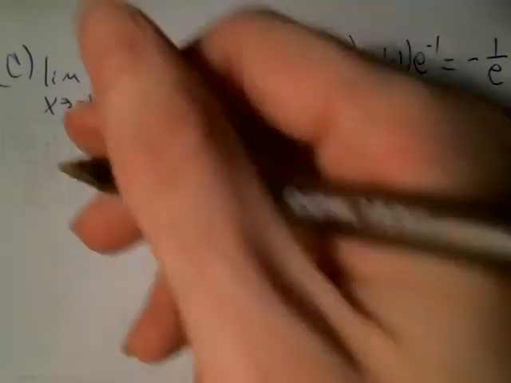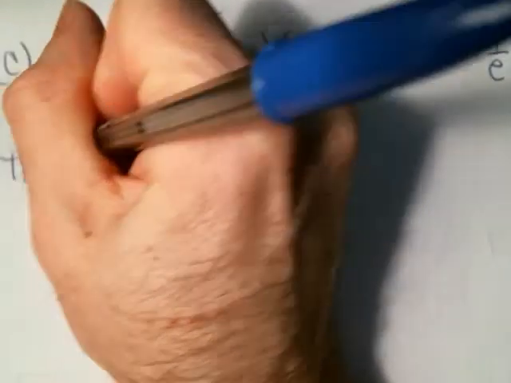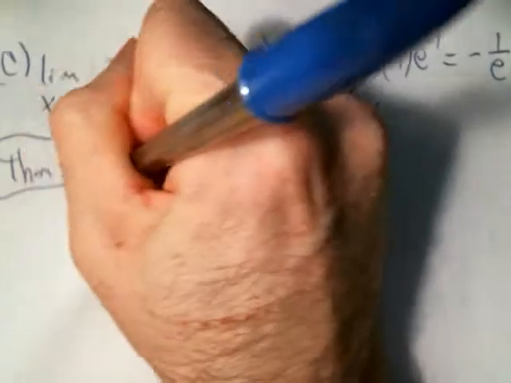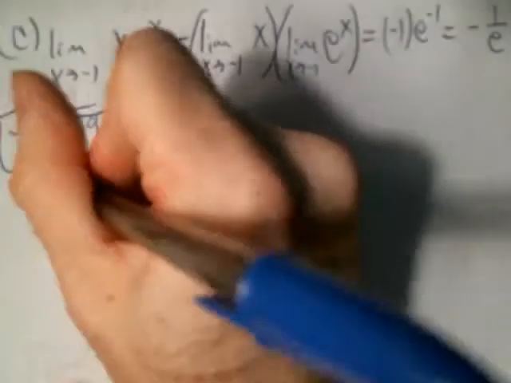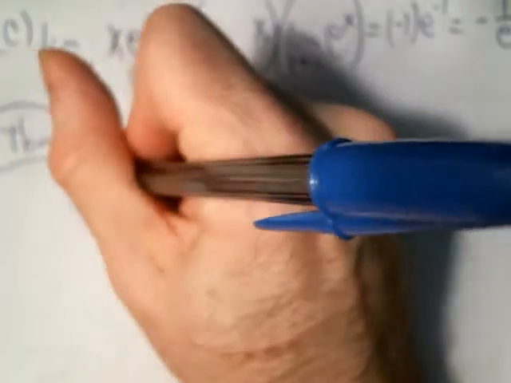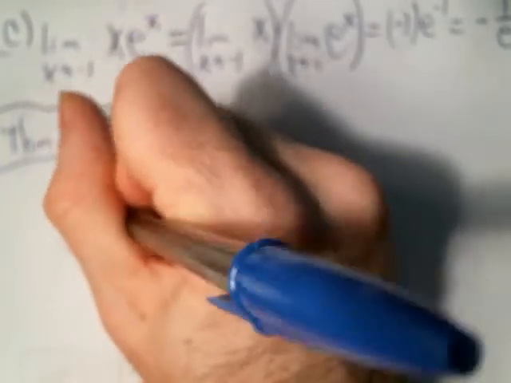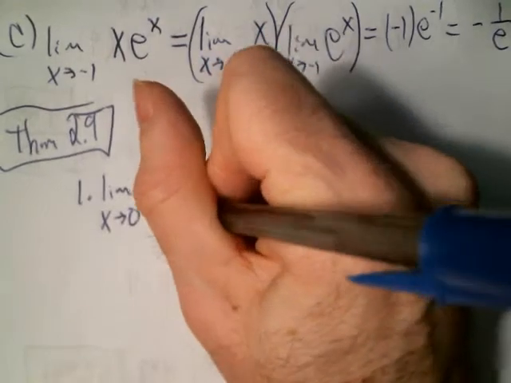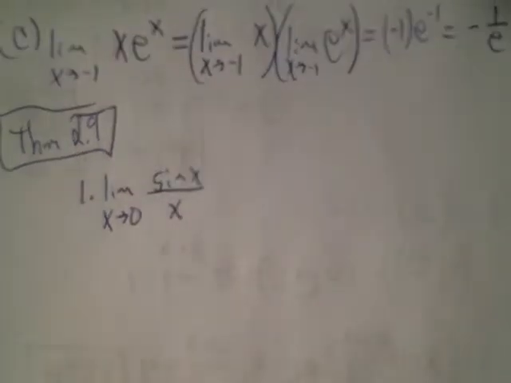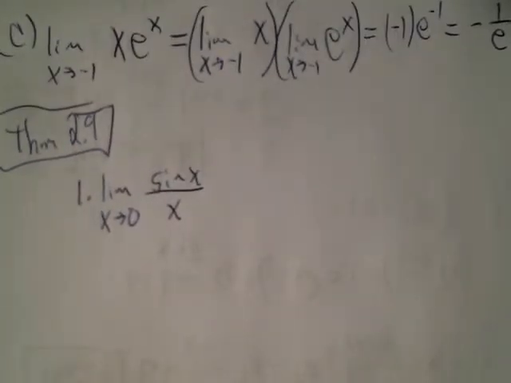Let's skip ahead to theorem 2.9. These are some special trig limits that we're expected, at least in the beginning, to have memorized. It turns out we'll have methods later on, L'Hopital's method, that will allow us to forget about these rules.